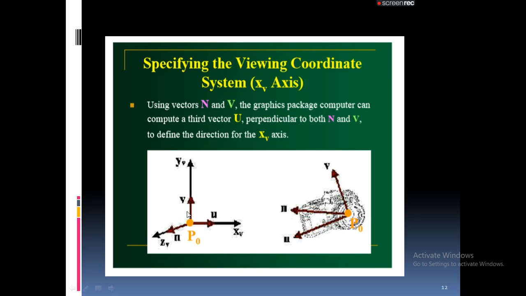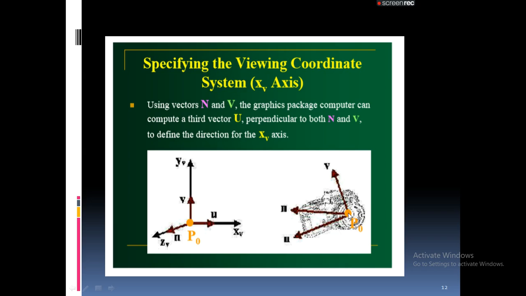So here, as you can see, u means x view axis, v means y axis, n means z axis, and this P naught is the origin of the camera. Whatever I drew on the left side, same thing I drew with respect to the camera. Assume that this is our synthetic camera. In the synthetic camera, I selected the origin, which is P naught.